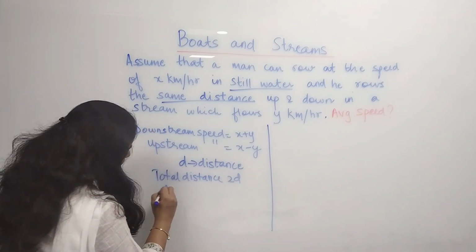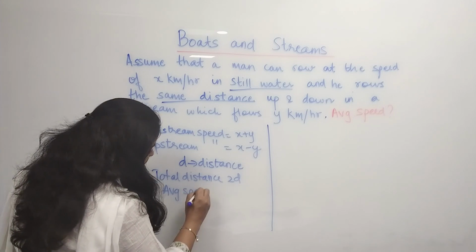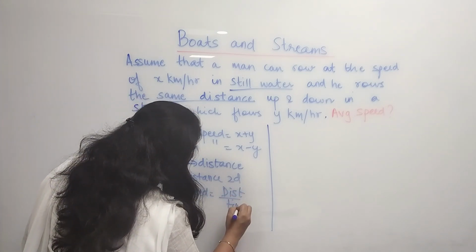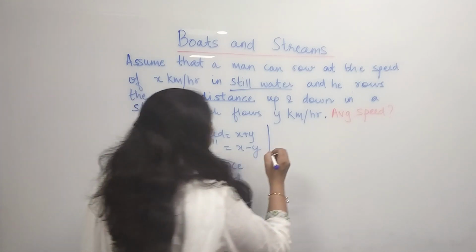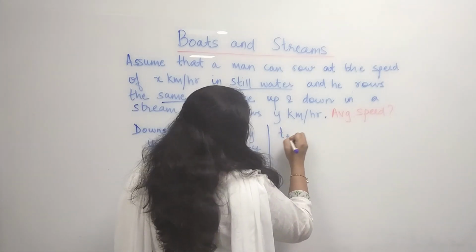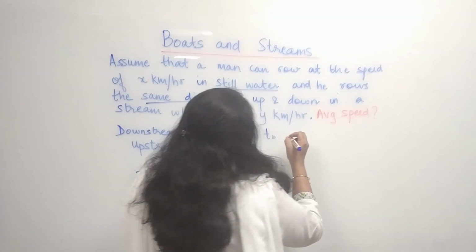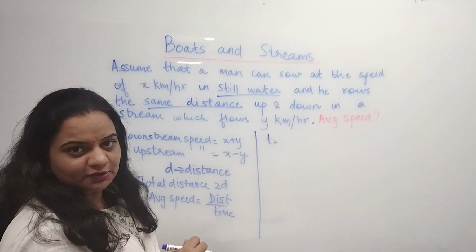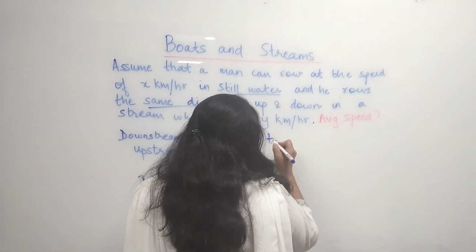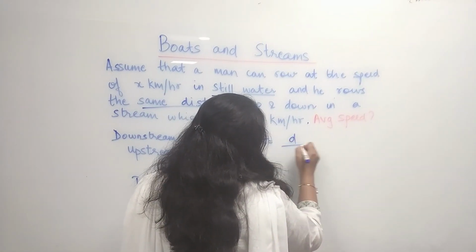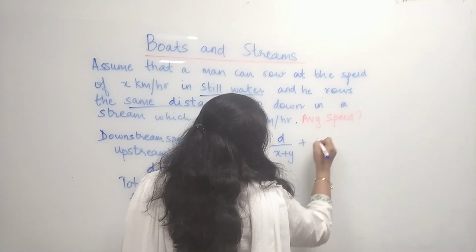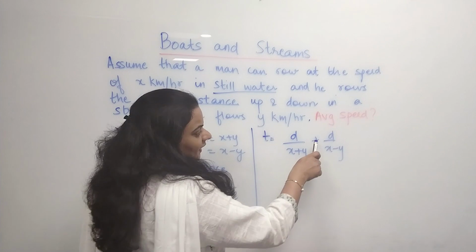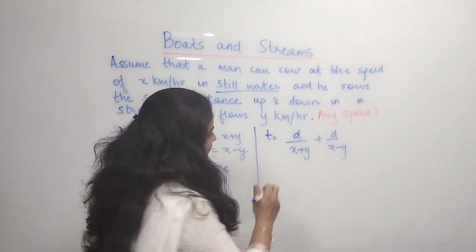Then we know that the average speed is total distance upon total time. So we now proceed to find out the total time. The total time t will be the time taken to cover downstream as well as the upstream part of the journey. The time is nothing but distance travelled upon speed. That is, the total time will be distance d upon the downstream speed plus the distance d upon the upstream speed.